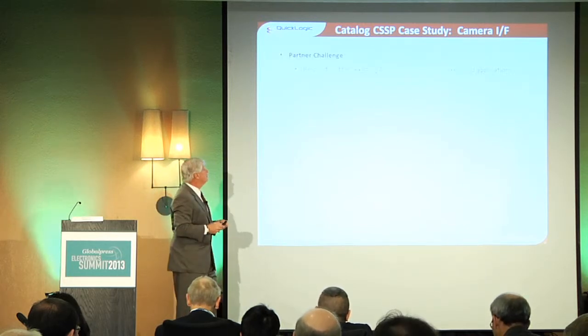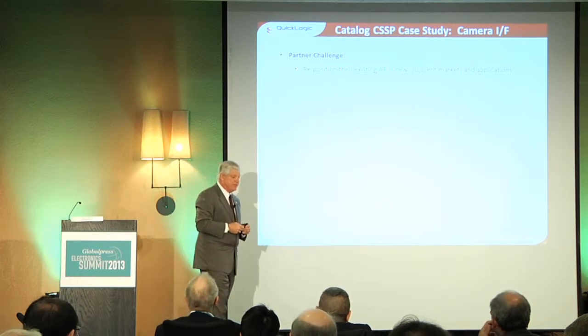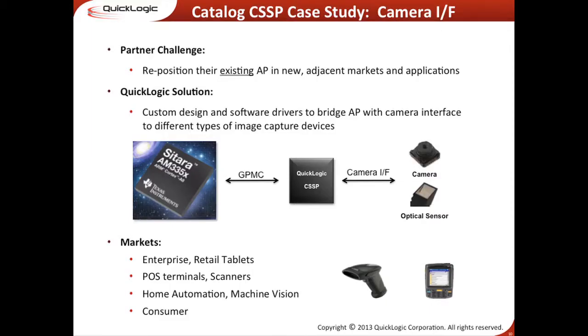The first example is actually a partner that developed an application processor for a specific embedded industry, and they found out that there are many adjacent industries that they'd like to penetrate. But to penetrate those adjacent industries, they would have to have made their silicon much larger than they really wanted.